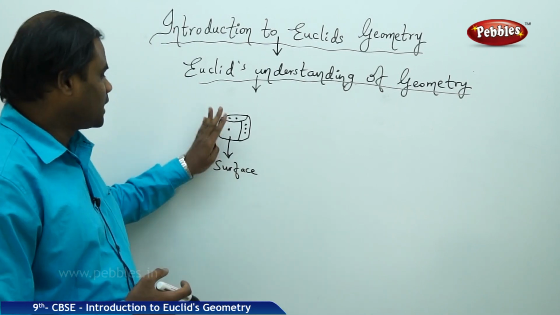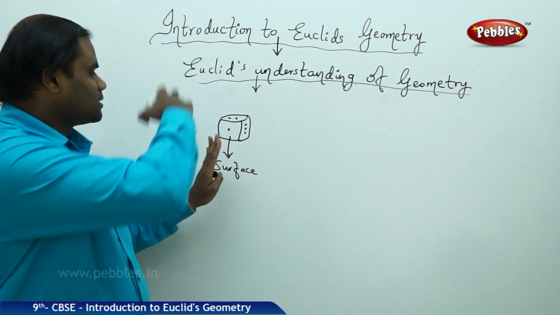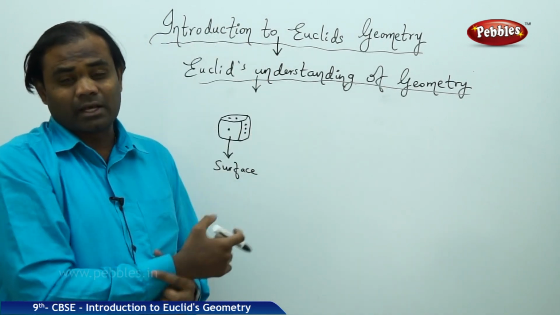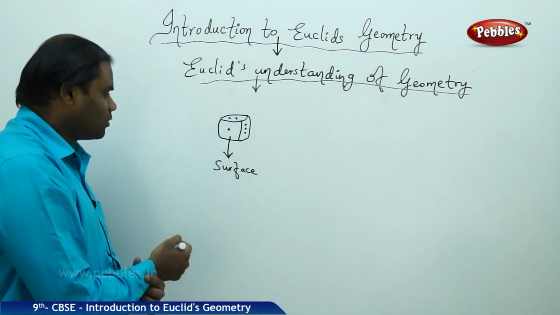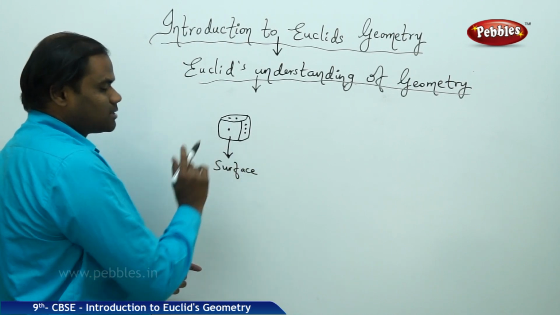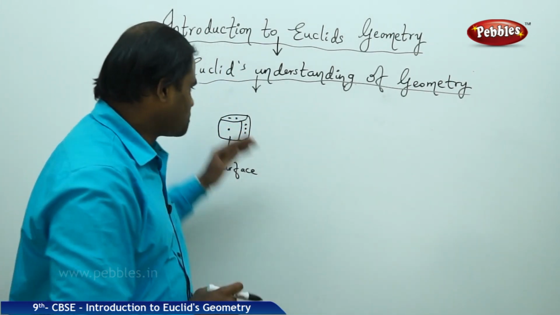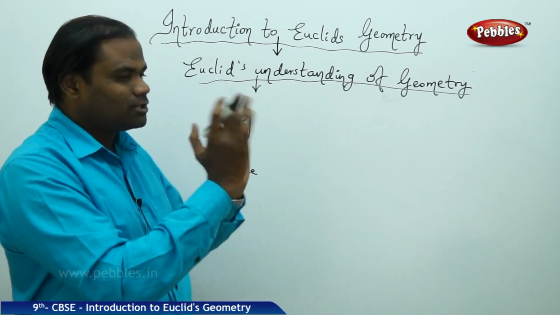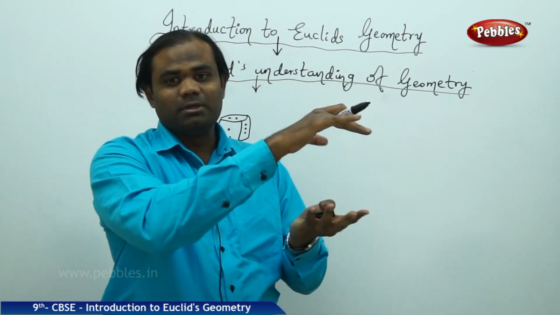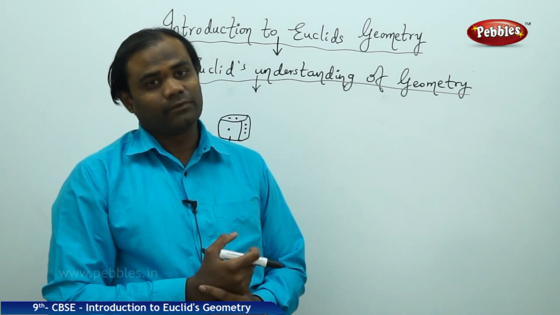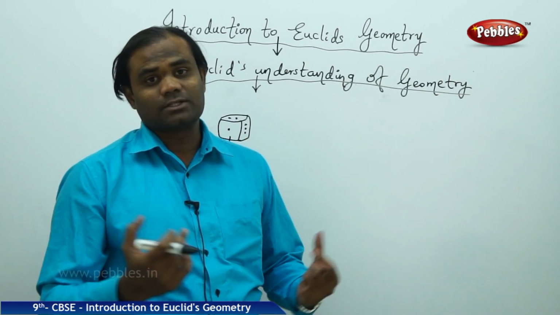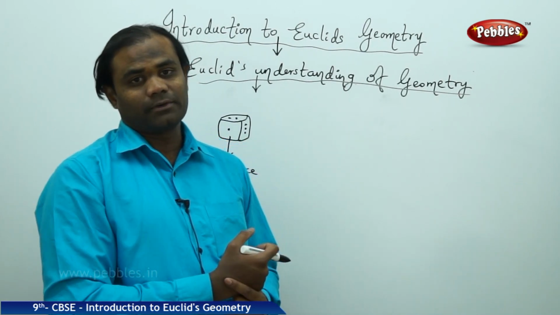That means when I take this in this region, the other surface lies entirely in other space. So according to Euclid's geometry, every surface is in its own space, the other surface being in the other space. Each of the 6 surfaces will be in a different region, is how we understand Euclid's geometry.